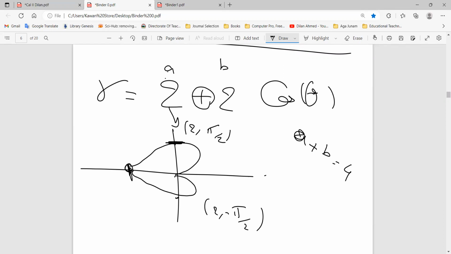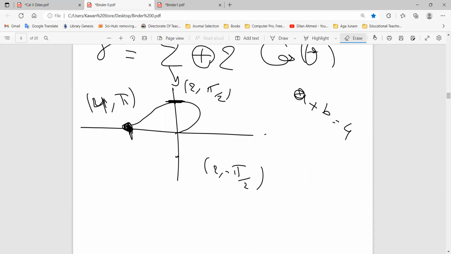Equal to 4, right? So this point will be 4 and pi. Because I know this shape is symmetry about x-axis. So my angle starts from 0 to pi over 2 to pi. 0 to pi. Why? Because it's symmetry about x-axis.